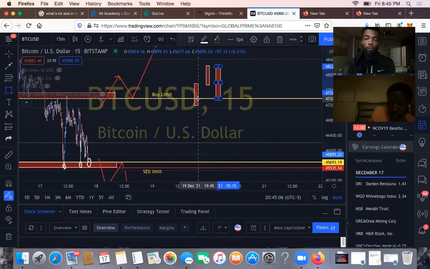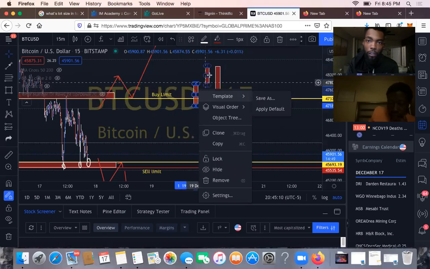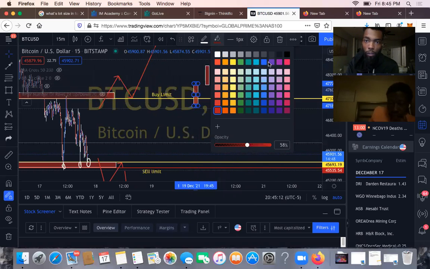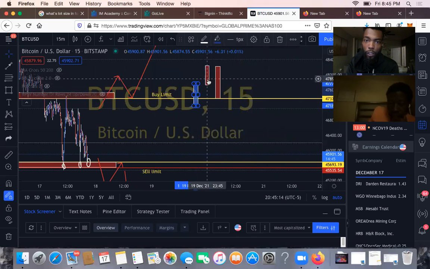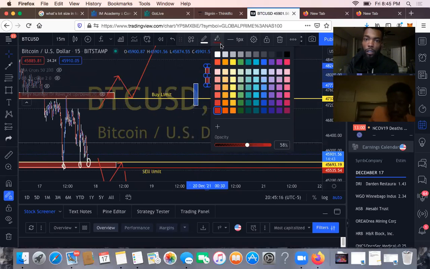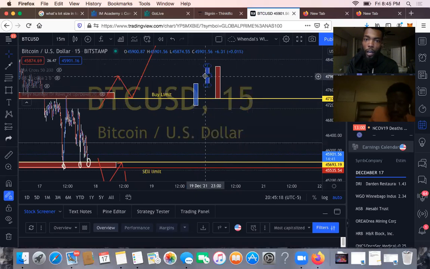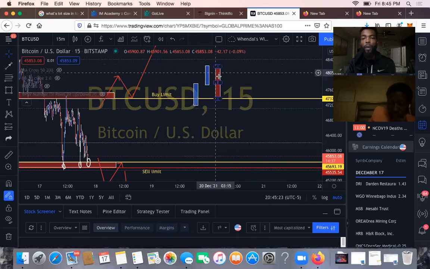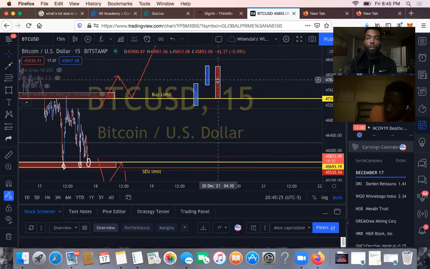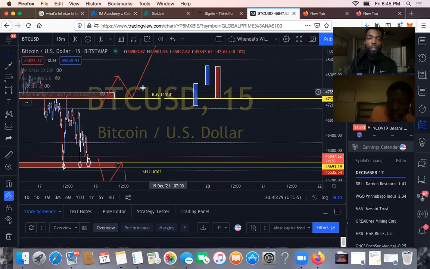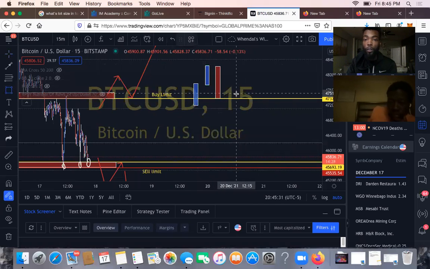Let me change these to blue. We're going up. Let's change those. That's the bullish candles, and that's the bearish. So that's dropping back down there, but it's only coming back down to touch this zone. So now this is your entry.